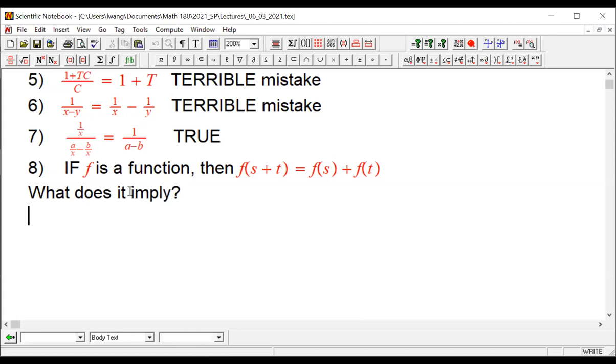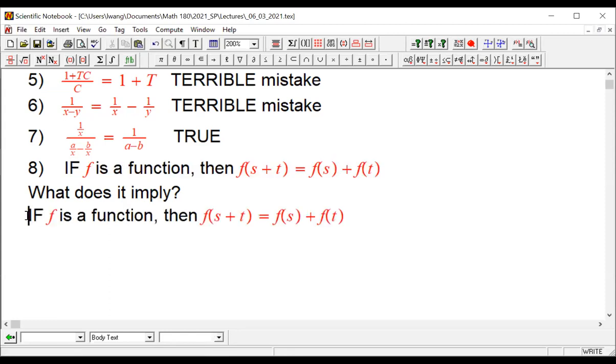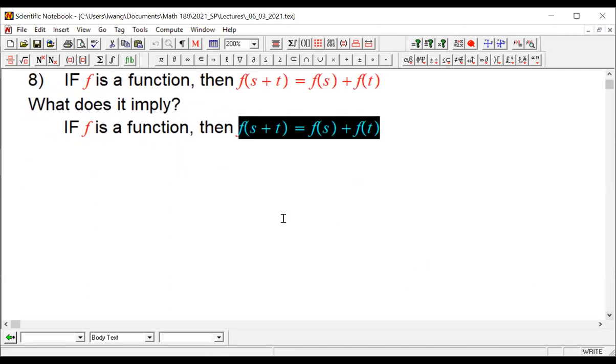So if this statement is true, because sometimes you think, oh, is this true or is it not true? Then you say, well, if this statement is true, what does that imply? Right? So you have to understand the operations of these functions, which we emphasize throughout the semester.